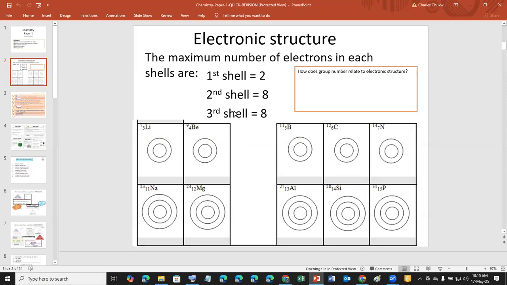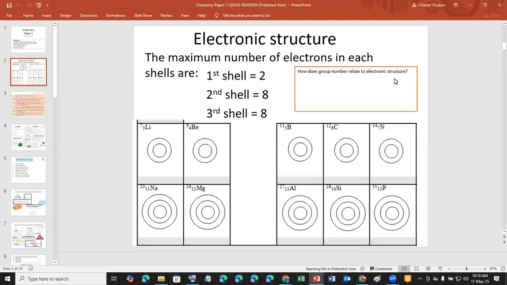There's a subtle question there that says, how does group number relate to atomic structure? If you remember when we discussed different atoms, we started with metals, the ones that are willing to give off the electron in their outermost shell.